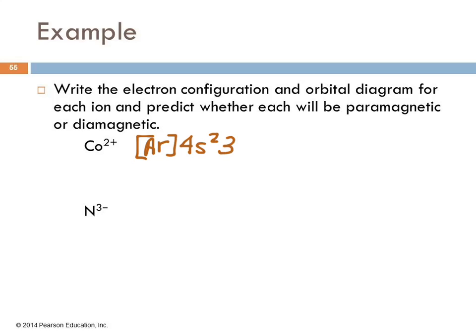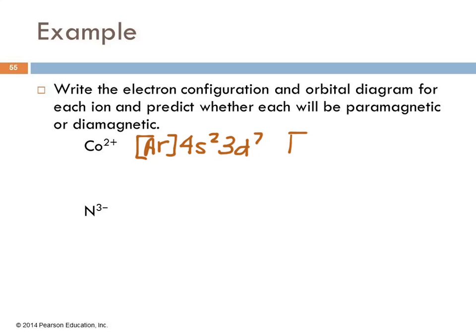And then those guys in the middle are 3d, and how many? 1, 2, 3, 4, 5, 6, 7. 3d7. Everything underneath is full. All those guys are going to be paired up, and so we don't really need to worry about those guys. We just need to worry about these guys.